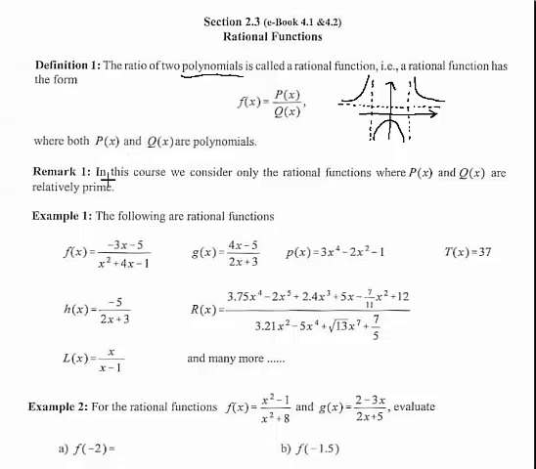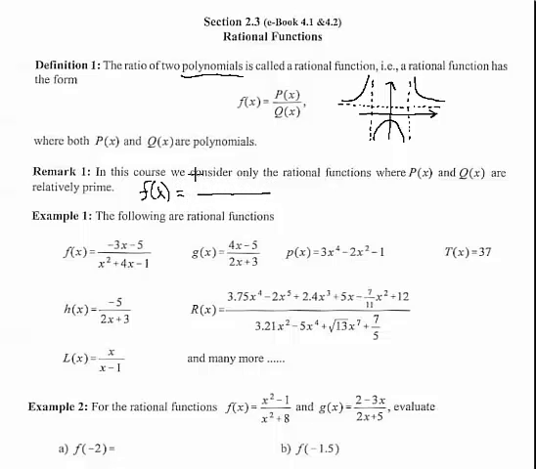So we have a remark here that simply states we're not going to consider p or q or other polynomials that are relatively prime to form our rational function, which is basically a fraction that involves polynomials in the numerator and denominator. So here's an example of one that we're not going to consider, and I'll just call it f of x as we usually do.